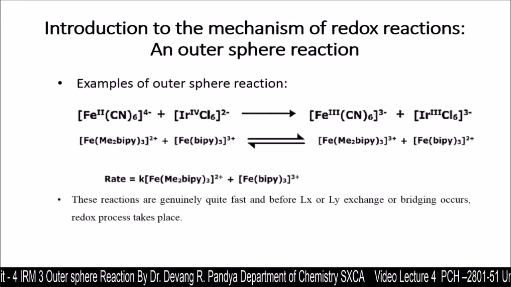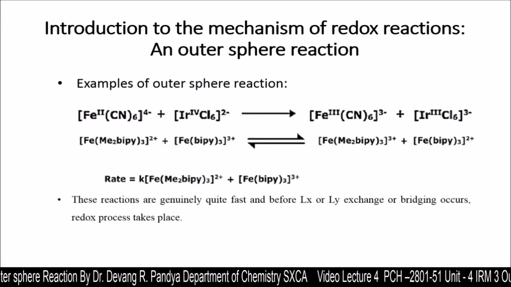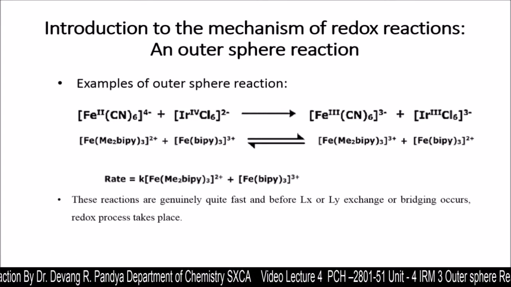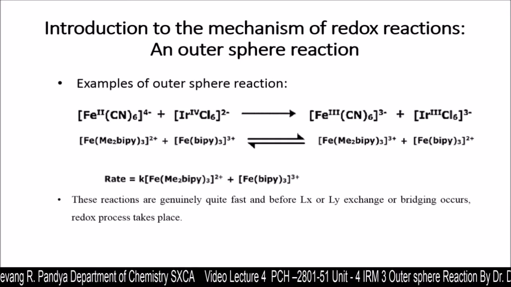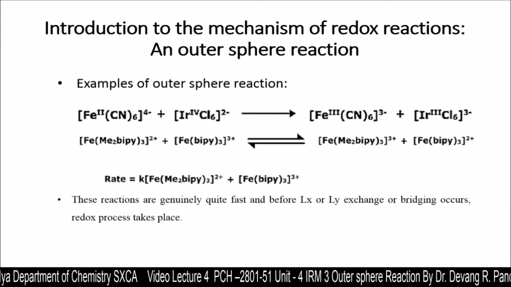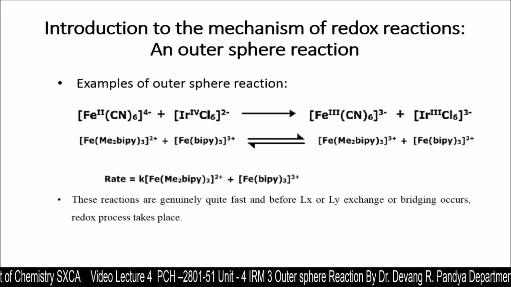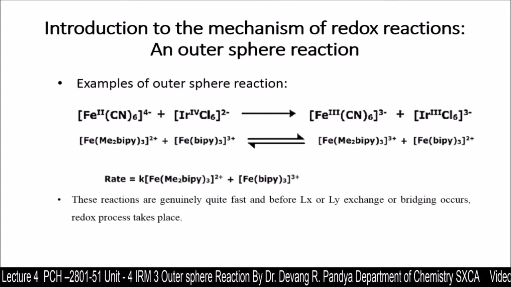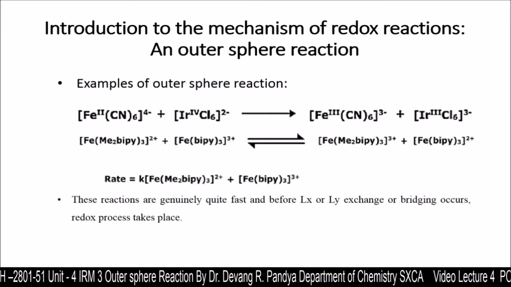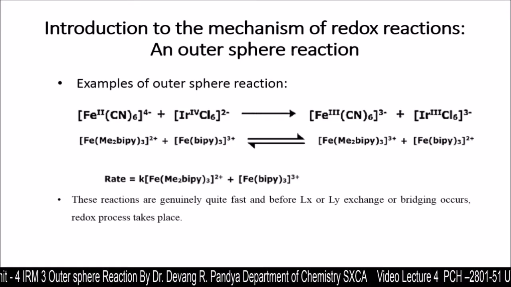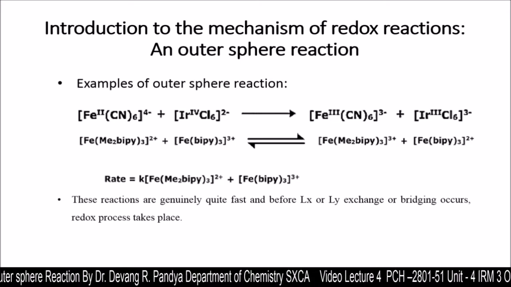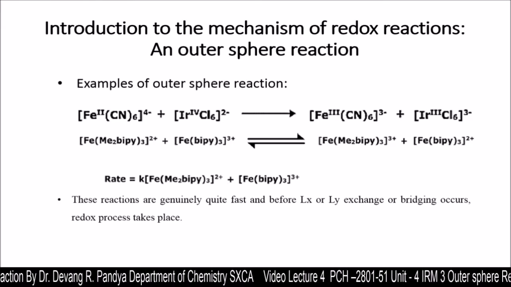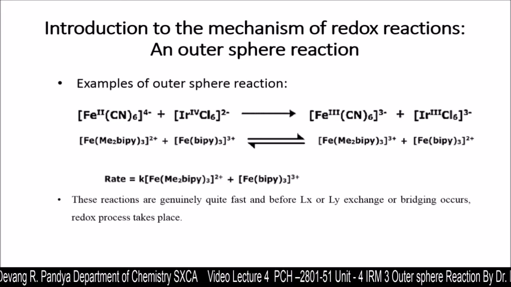These reactions are genuinely quite fast. Before any spectator ligand exchange or any bridging takes place, the redox process takes place rapidly. So the electron transfer rate is quite fast compared to the nuclear motion or any other ligand substitution reaction.